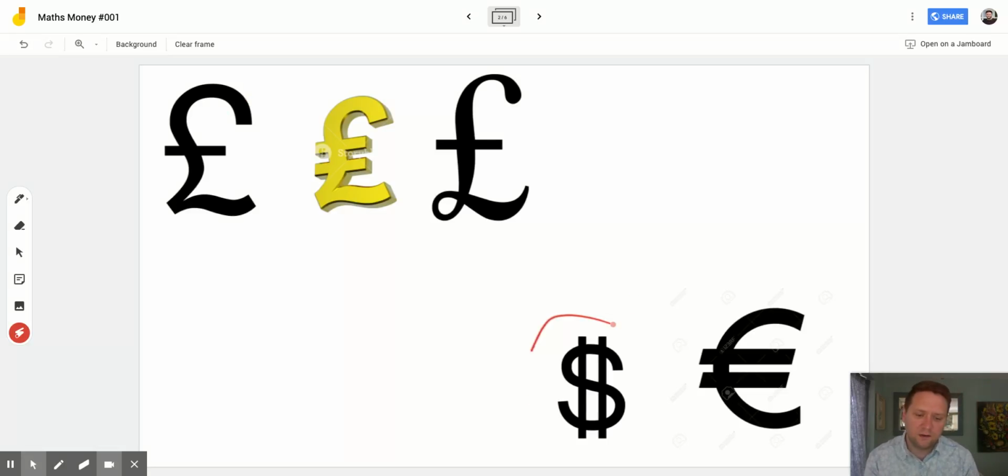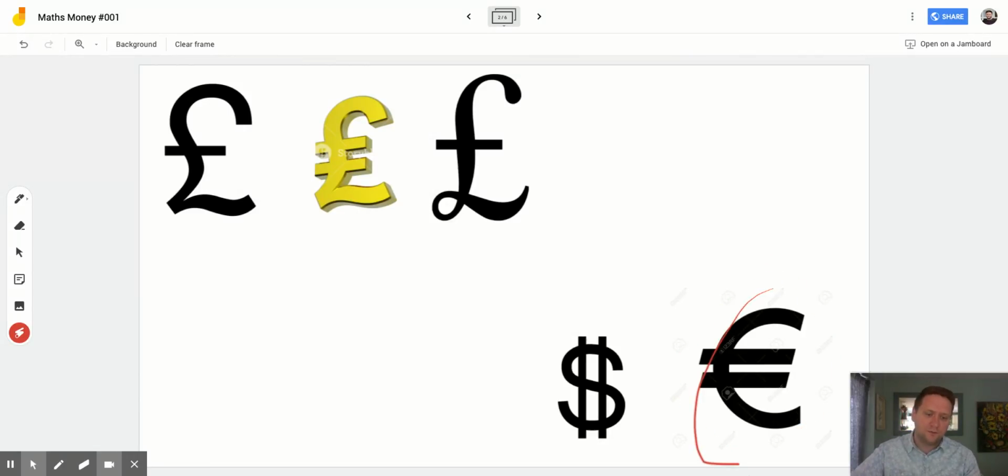Down in this corner here, I've got one sign here, which is the dollar sign, which I know a lot of keyboards will come across now. I just want you to see the difference between the two. That's an American currency. And then here, one that you've probably seen quite a lot is the euro sign as well.